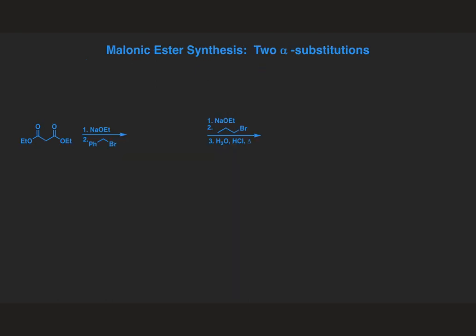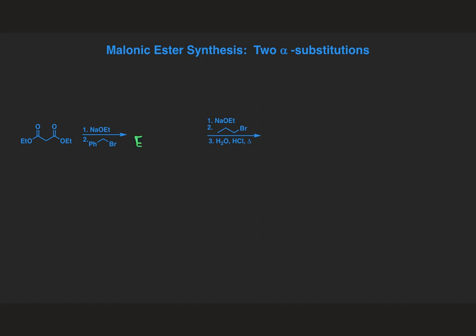The malonic ester synthesis can also be used to make a carboxylic acid that has 2 alpha substitutions. And so in this first step, we deprotonate to form an enolate and attack the alkyl halide.